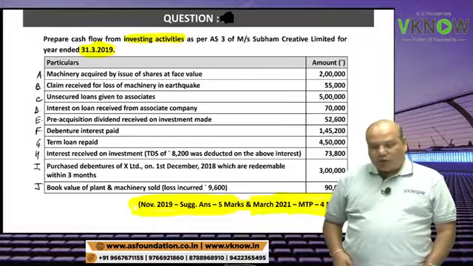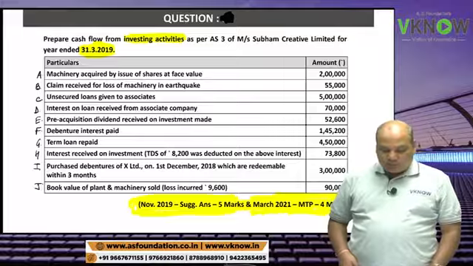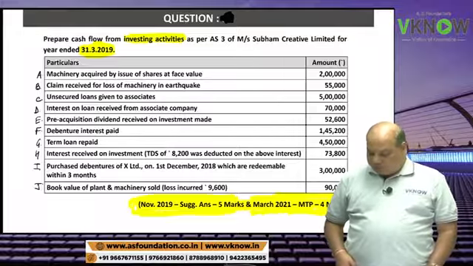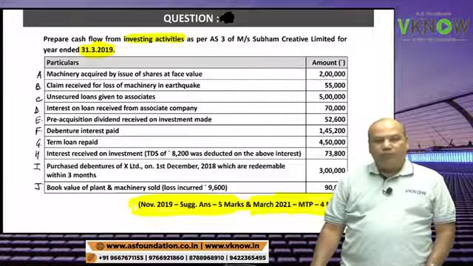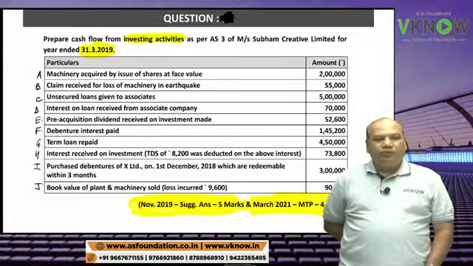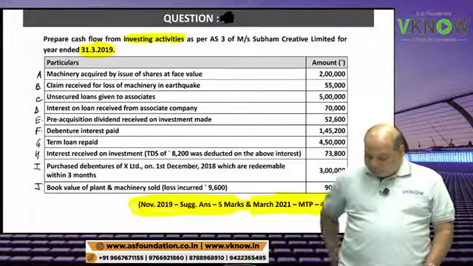Point G: term loan repaid will be 4,50,000.